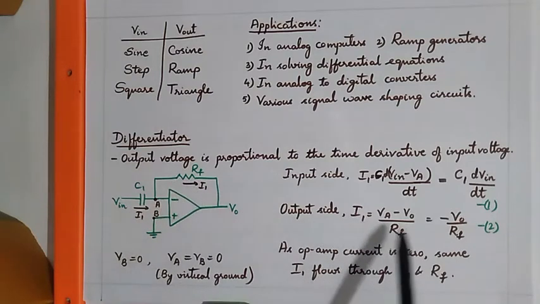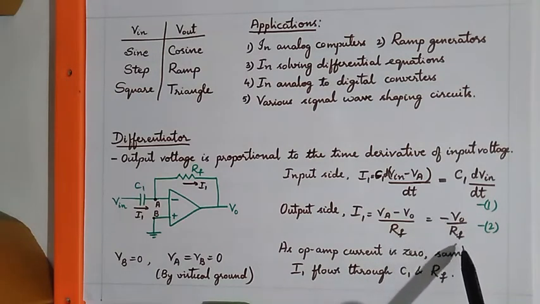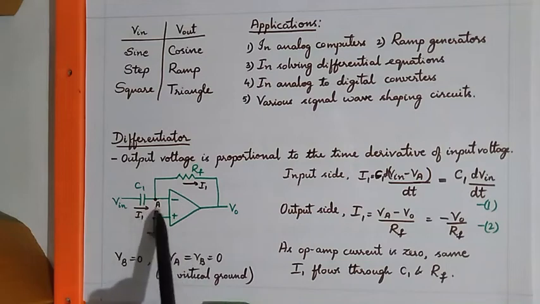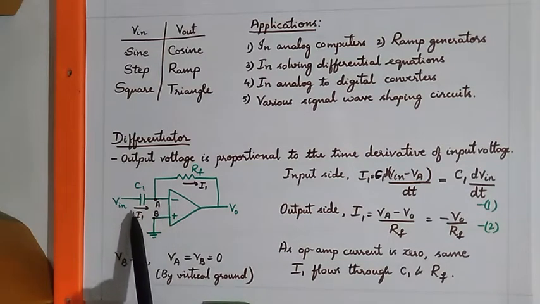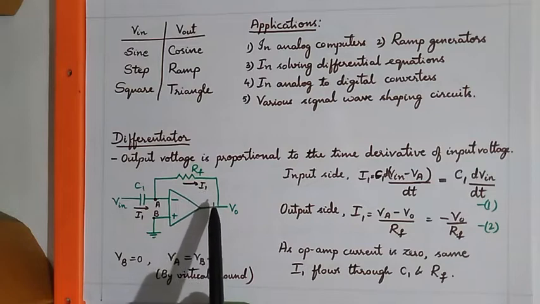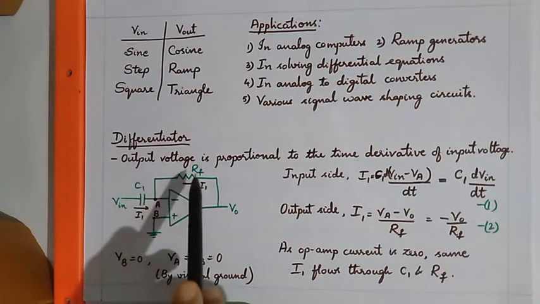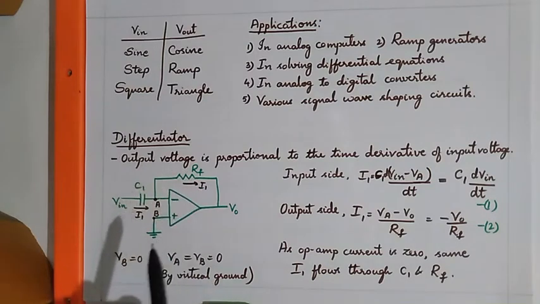Since VA equals 0, the equation reduces to minus V0 by RF. As the current into the op-amp is equal to 0, the current flowing through the capacitor C1 is the same current flowing through the feedback resistor RF as well. Thus, the current I1 on the input side as well as in the feedback loop are the same.